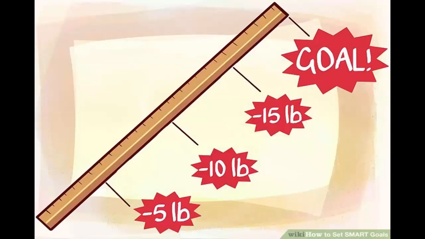The next letter M in the word SMART means the goal must be measurable, which means that you can identify exactly what it is you will see, hear, and feel when you reach your goal. It means breaking your goal down into measurable elements. You'll need concrete evidence. Being happier is not evidence.